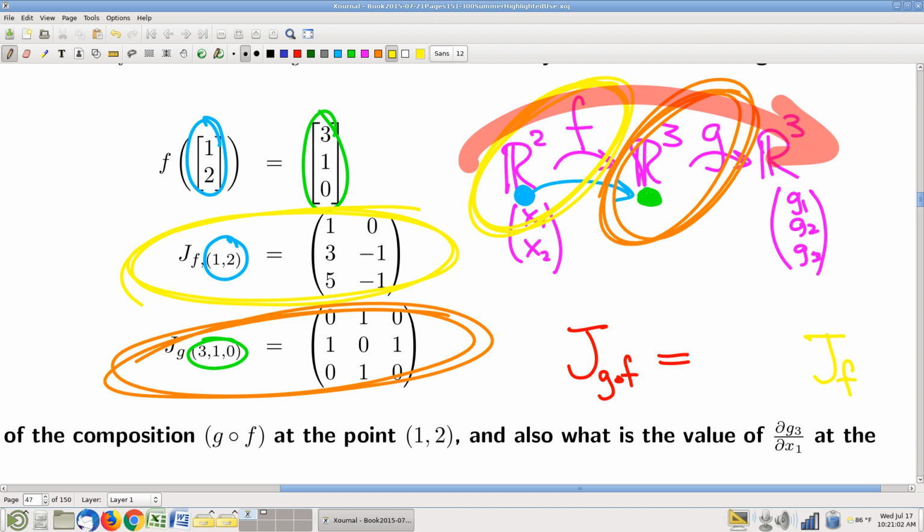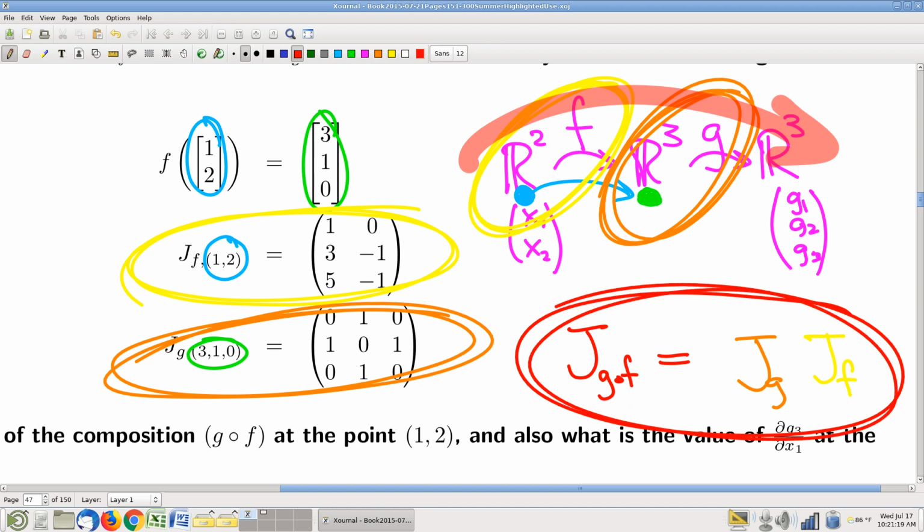So J of F is over here. And then the second one to act is the Jacobian of G. In the way you write it down in matrix multiplication, it's the one on the left that acts second. So here's the formula that we're going to use for computing the Jacobian of the composition.